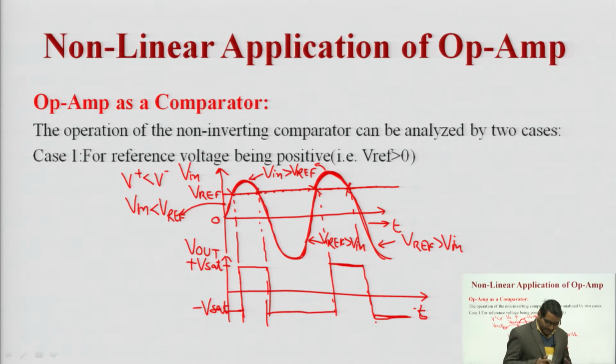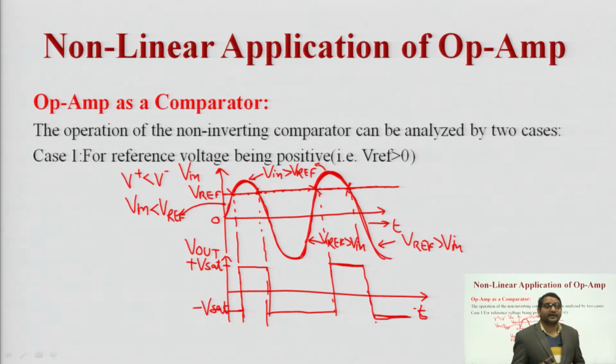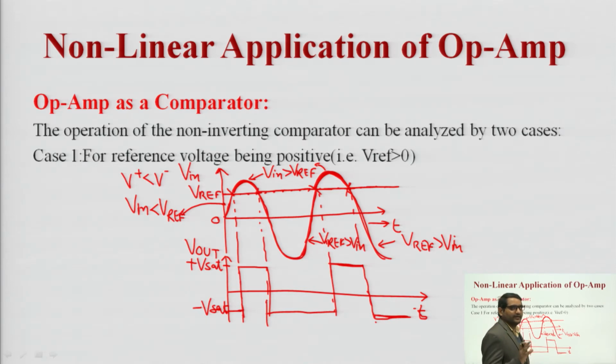It can convert any type of wave, such as triangular wave, sawtooth wave, or sinusoidal wave, into a square wave. So, we can say that the comparator is basically a wave converter. This case we considered for a positive V reference.